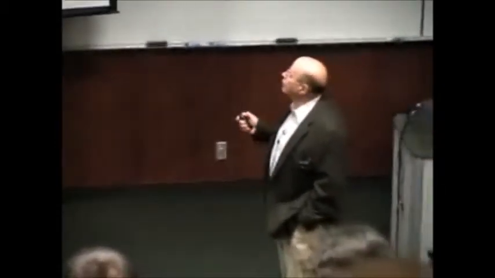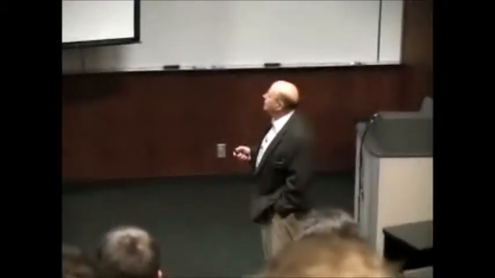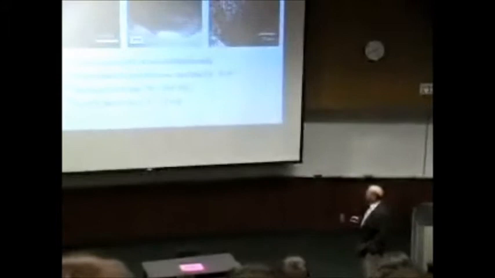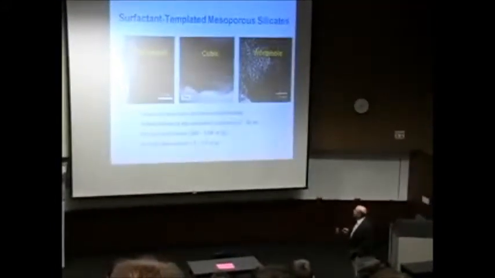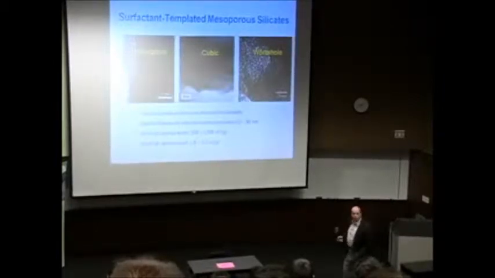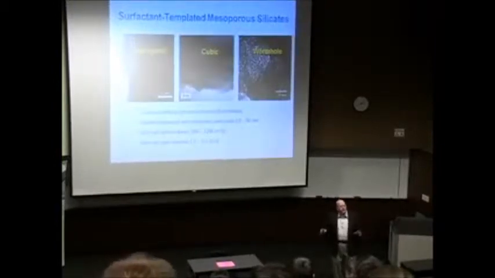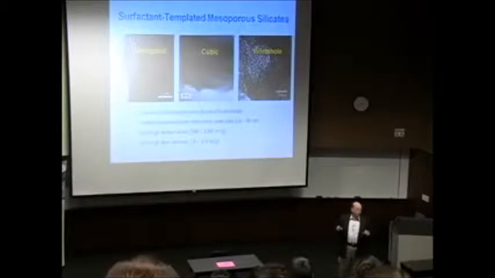But what they all share, independent of the degree of order or disorder, is they have these incredibly uniform pores in the mesopore range and extremely high surface areas, never before realized for forms of silica, and incredibly high pore volumes. And so that distinguishes these porous particles from all other families of particles by virtue of them being mostly empty space.